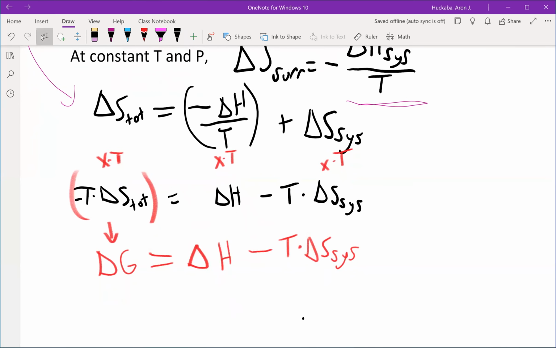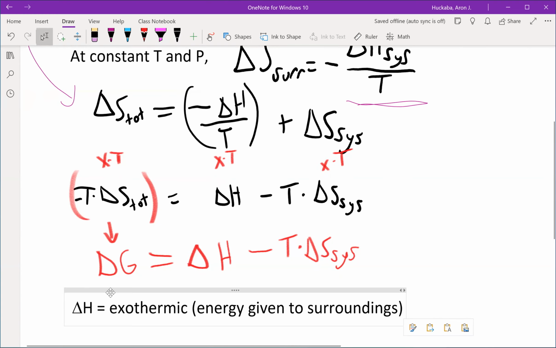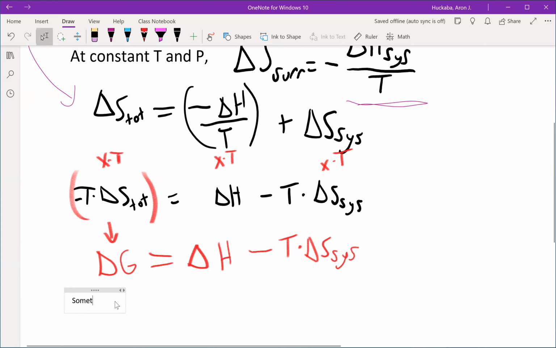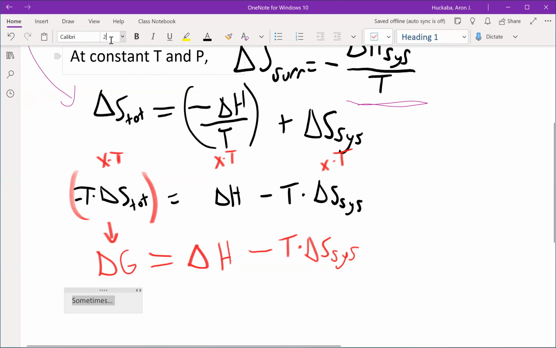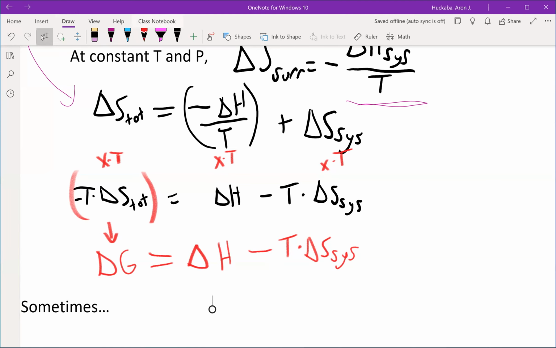And sometimes we talk about it in these terms explicitly, and sometimes we say that delta G is equal to the enthalpy as it is, plus a negative temperature times entropy.